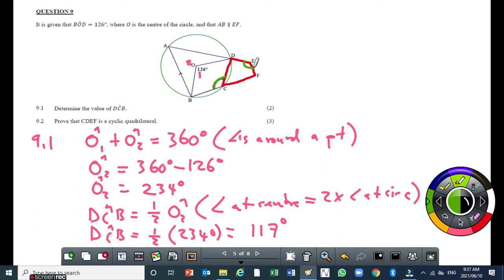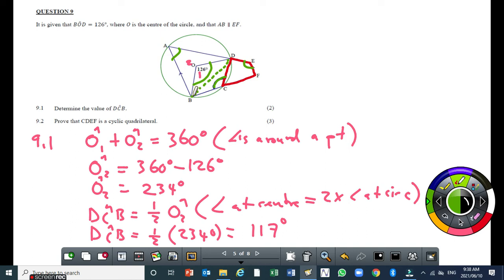So, O1 is going to be equal to 2 times the angle at A. Just hypothetically, this angle here is 2 times that angle. The reason is they are both subtended by the same chord, BD.